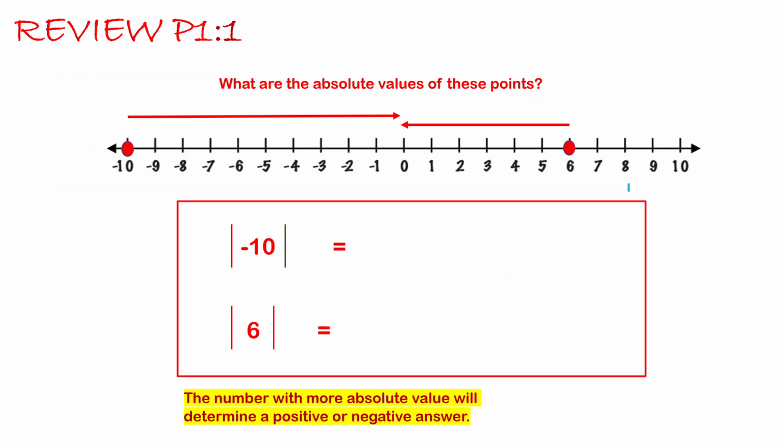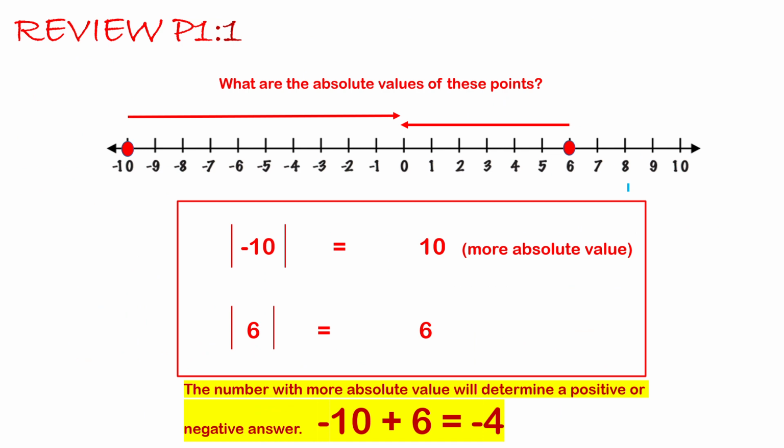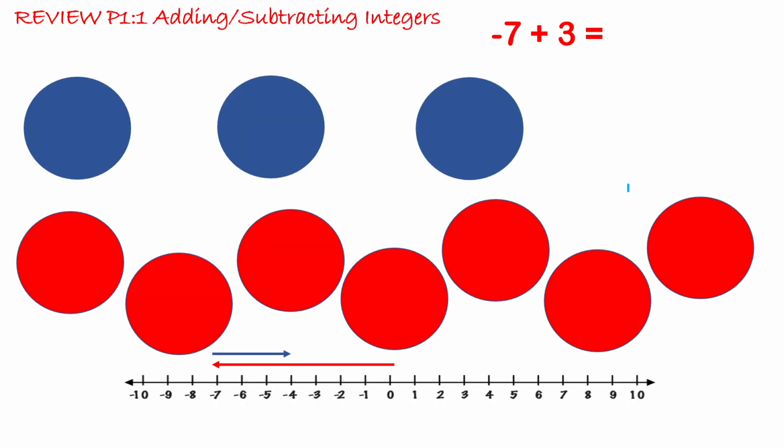Okay, you won't have this as homework, but it will help you see a couple of examples. Let's look at this one for more practice. In the equation we have 1, 2, 3, 4, 5, 6, 7 red chips, labeled as -7. We have 1, 2, 3 blue chips, labeled as +3.